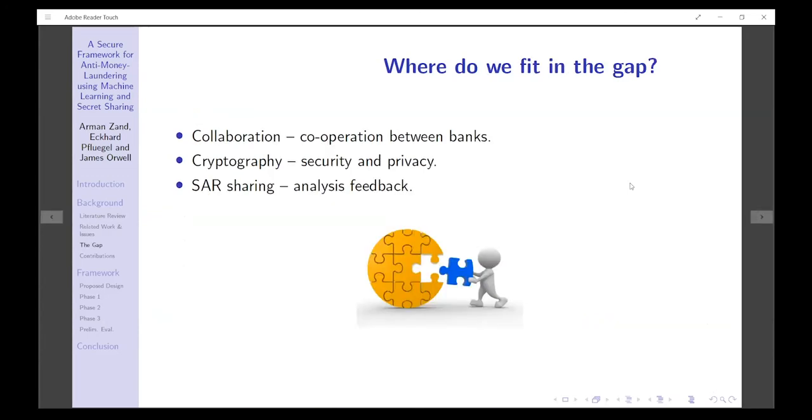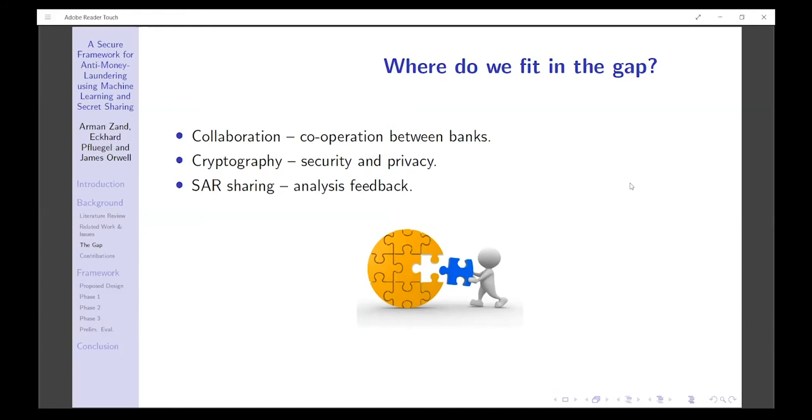So where did we fit ourselves in the gap? Out of all those issues that we identified, we saw that a collaboration element between the banks would be quite powerful, because if the banks can share more information, you get a better picture of where the money is going.